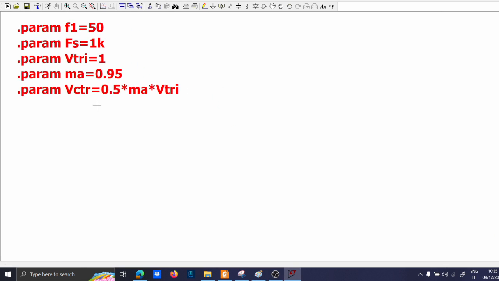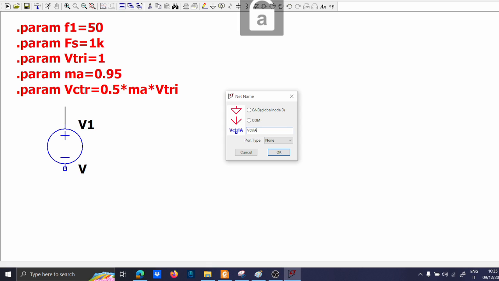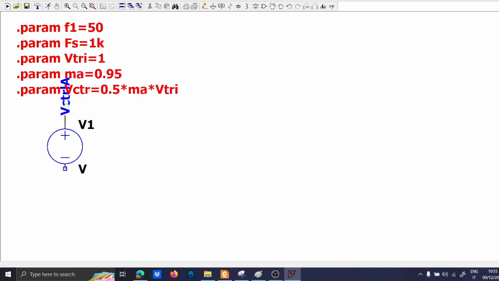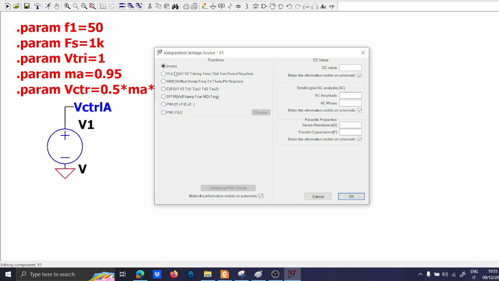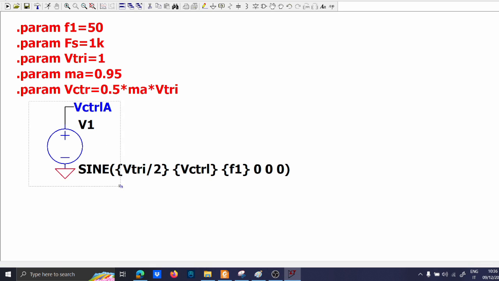Now let's generate the control voltages. Let us call this V control A. So the first will be a sine wave with an offset which is V3 over 2, an amplitude which is V control, a frequency which has to be exactly the same as the line, so f1, and the phase in degrees, I will put it 0 for now.